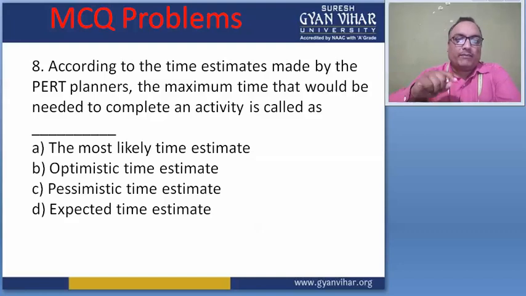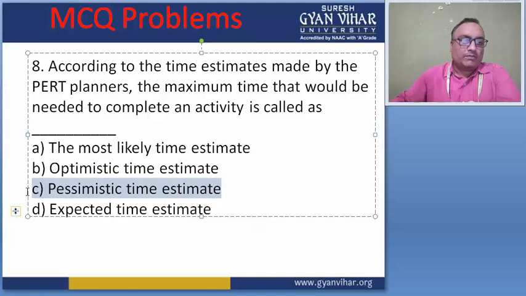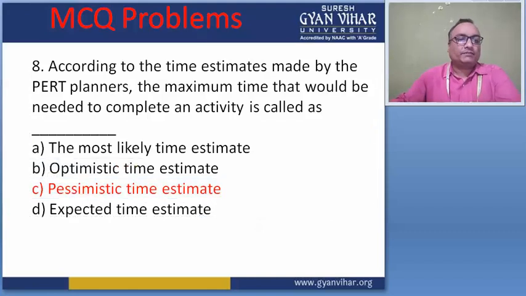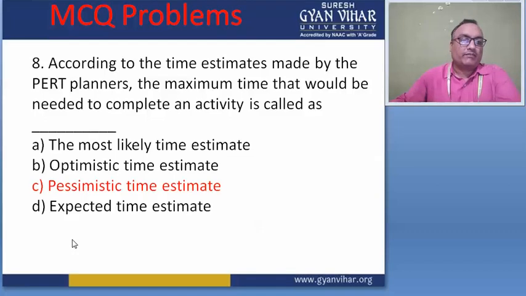According to the time estimate made by the PERT planner, the maximum time that would be needed to complete the activity is called the most likely, optimistic, pessimistic, or expected time estimate? The answer is C, sorry, pessimistic time estimate.